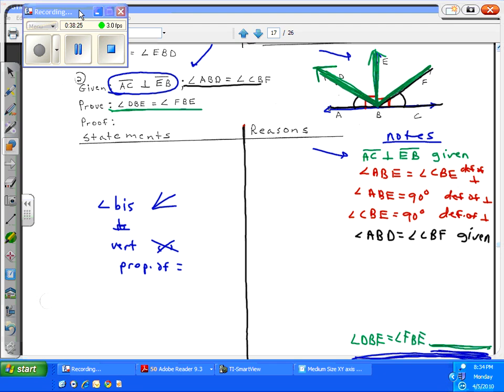Now, to do it by angle bisector, we would have to know that ray BE bisects angle DBF. Now, we don't know that one. We knew it bisected the straight angle. We knew it was perpendicular, but we don't have anything about an angle bisector, but that's some rare possibility. It's definitely not perpendicular lines, what we're seeing in that green stuff there. We're not seeing vertical angles.